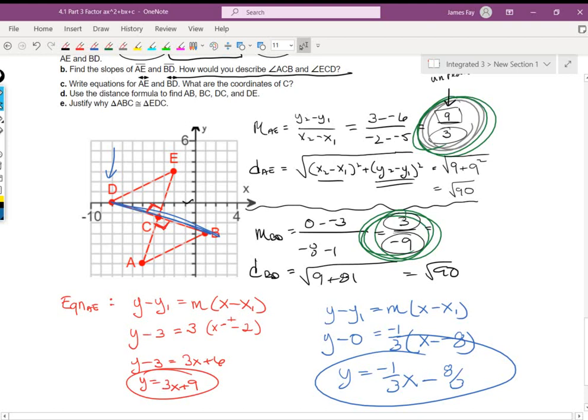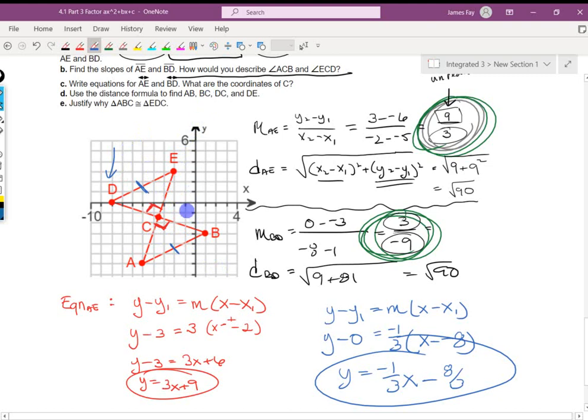The reason they're doing this, what we're going to find out is that once we find all these distances, when it says AB, that distance there, and ED, that distance there, or DE, they're going to be the same.